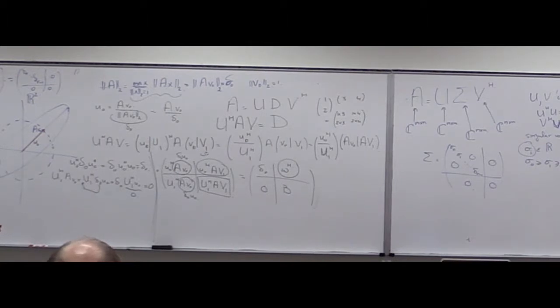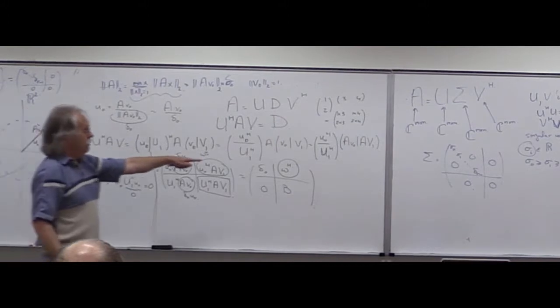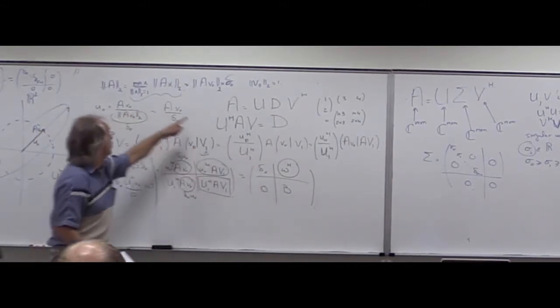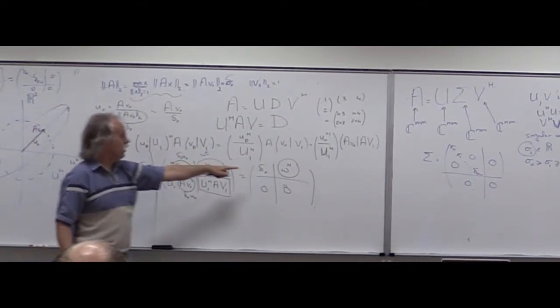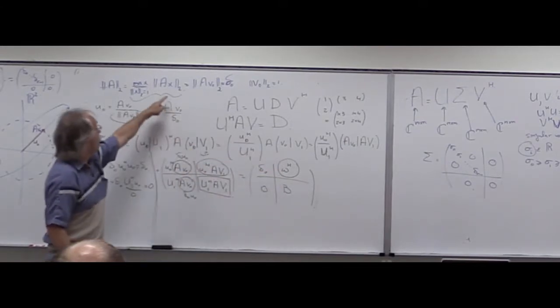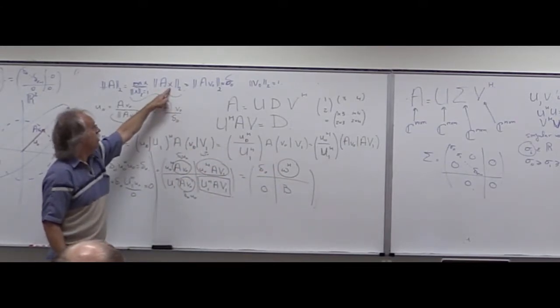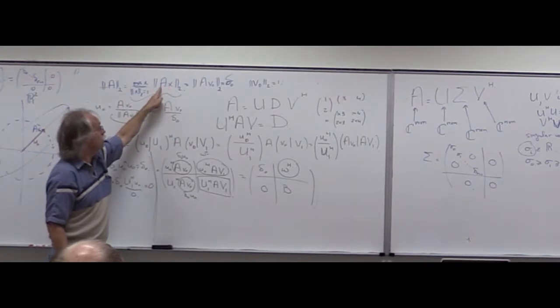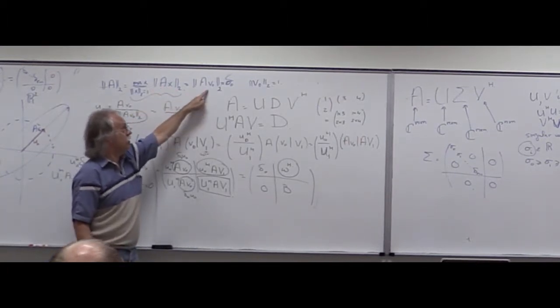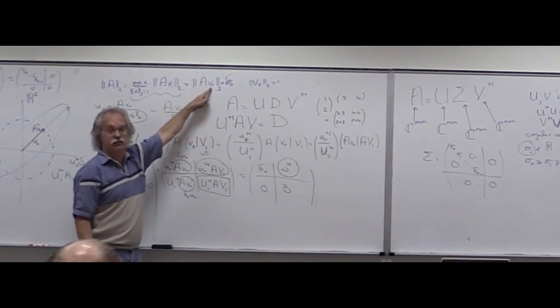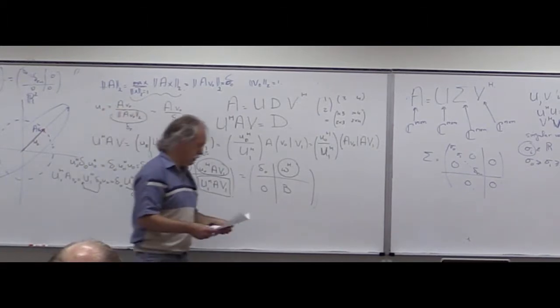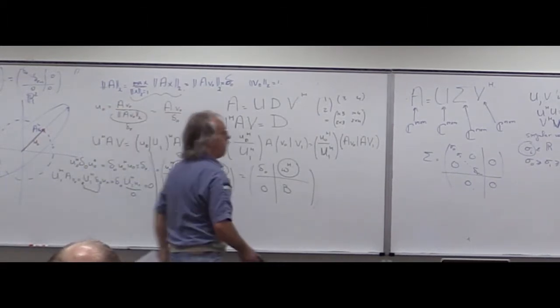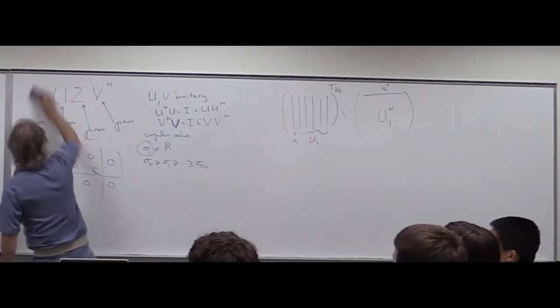So let's go back. The argument we're going to make is that if this is not 0, then we can construct an x that has the property that the 2 norm of A times that x is greater than this, which then violates our assumption that V0 was the vector that maximized this. Okay? So let's erase all of this because we're going to need some room.